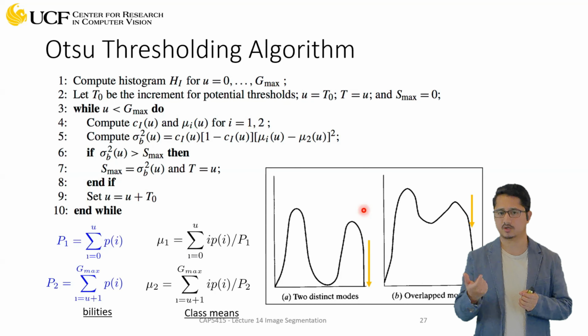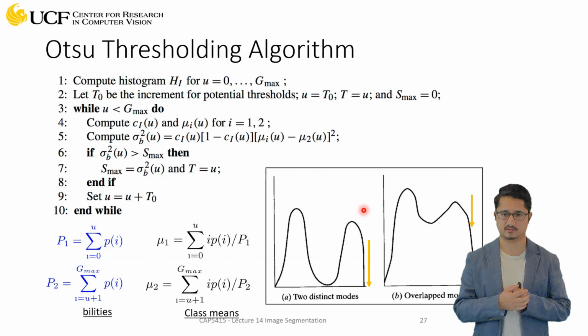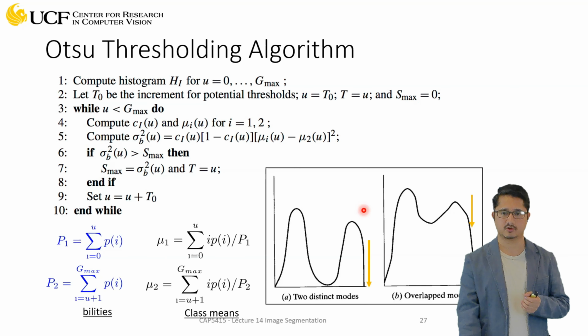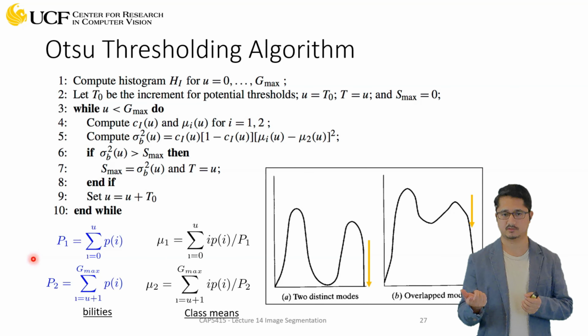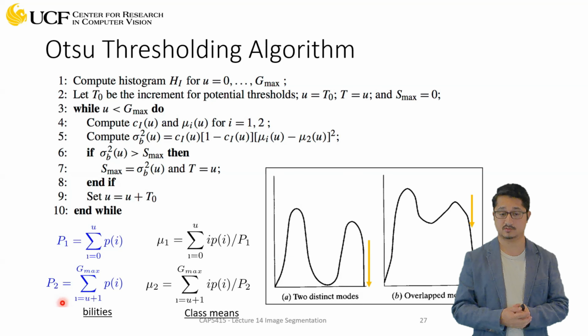Then you're just going to count how many pixels have intensity less than 100. If it's 300 pixels, your P1 is going to be 0.3. And simply your P2 will be just 0.7. You just subtract from 1. So it's that trivial.